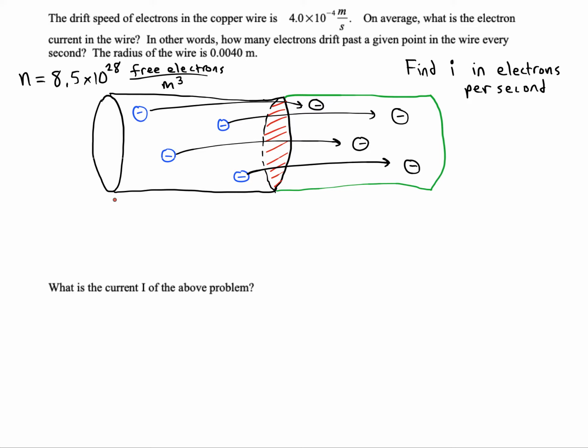For the segment of wire that I've sectioned off here, I'm going to call its length delta x. And it's also going to have a volume delta V, and I'll call its cross-sectional area A. We were also given that the radius was 4 millimeters.